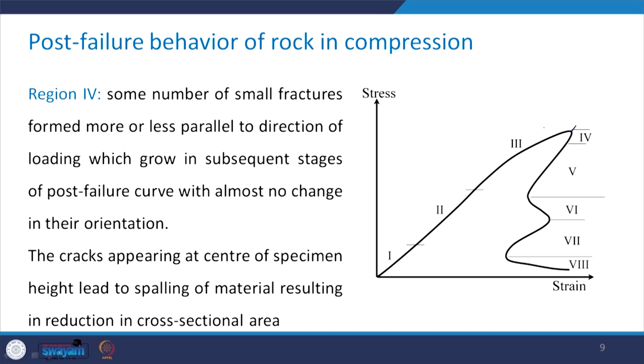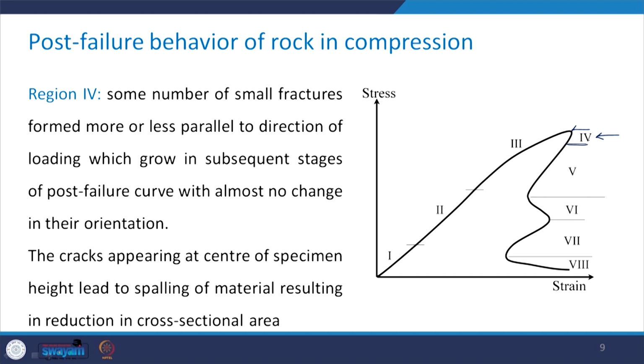Now what happens? You have reached up to the peak at the end of zone 3. So wherever there is a transition between zone 3 and 4, somewhere you have got the peak. Okay. Now what happens in region 4? That is this region from here to here. Some number of small fractures are formed more or less parallel to the direction of the loading.